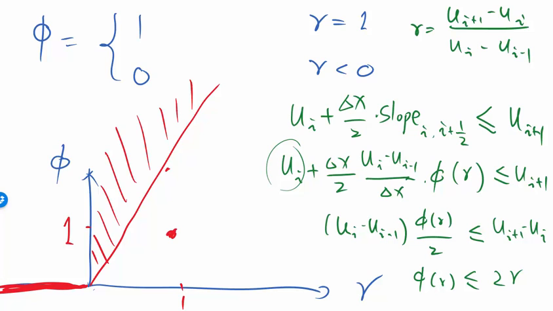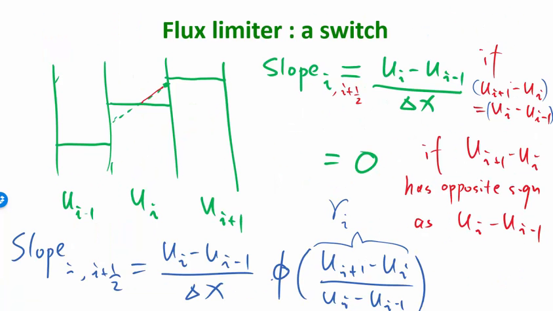Another constraint for a limiter is, not this particular use of limiter, but if you also want to use the same slope on the left hand side, on this side of the interval, and you don't want this reconstruction to dip below the left value, what constraint does that put on the limiter?